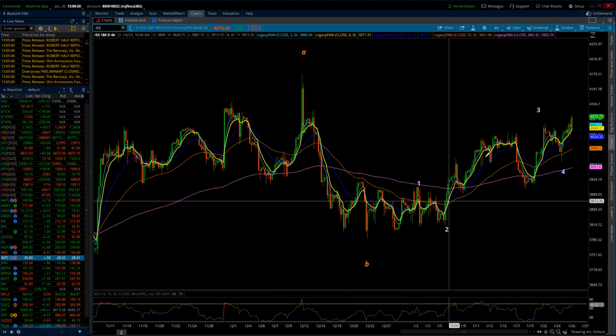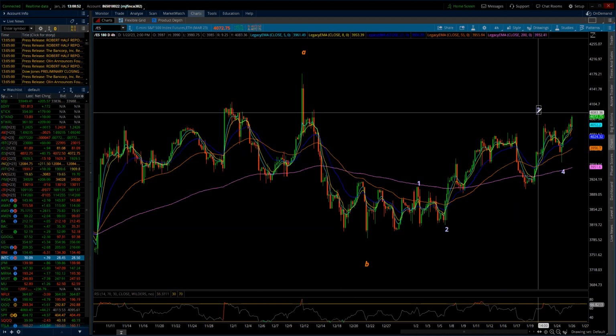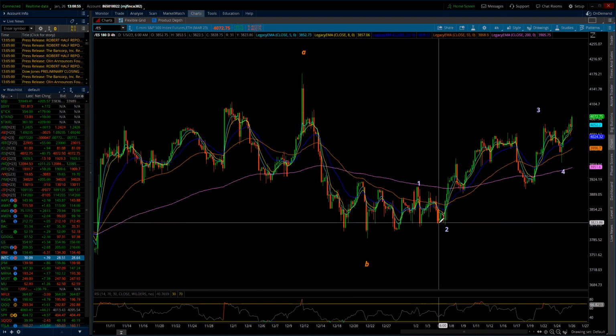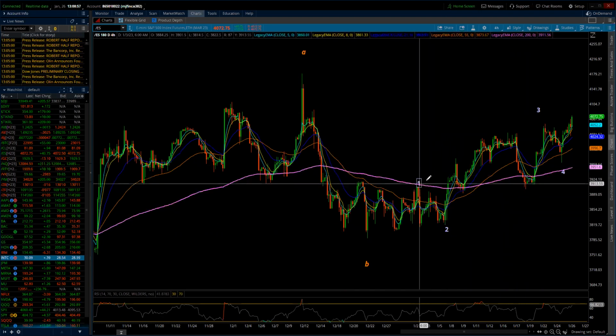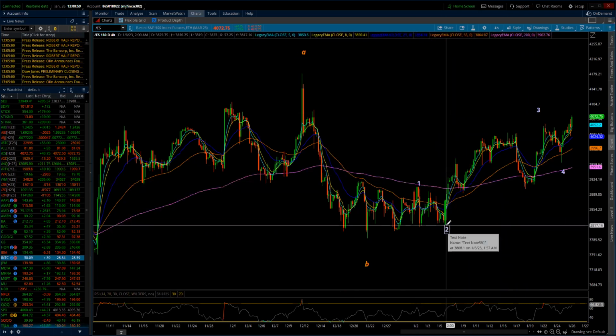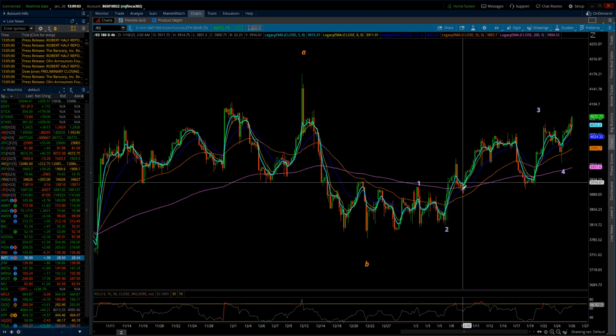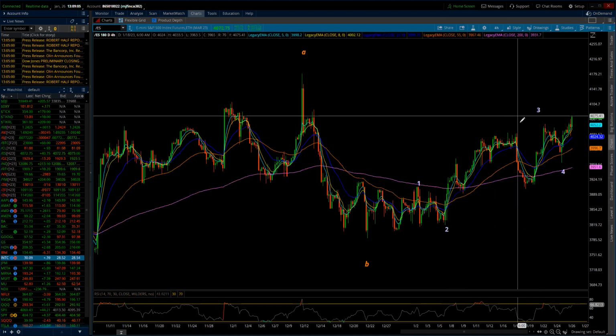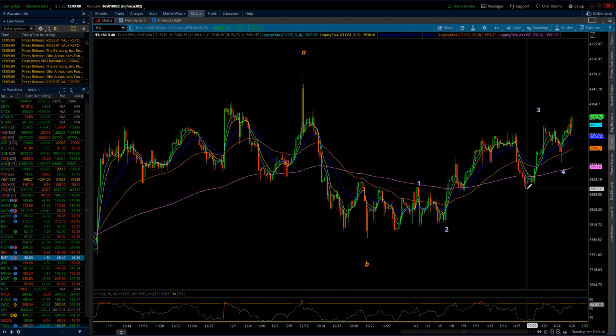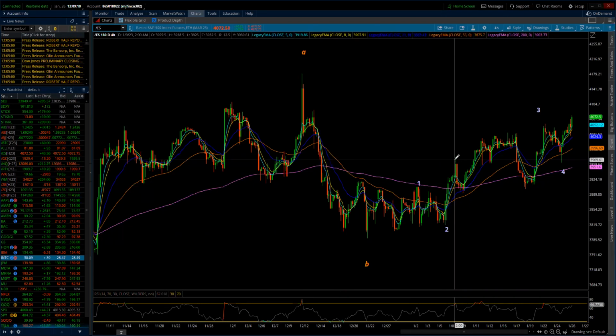And how this counts out internally, I have minute 1, minute 2. And then we would think that we could have subminute 1, subminute 2, subminute 3, subminute 4. Well, first thing, that subminute 4 overlaps this wave 1.